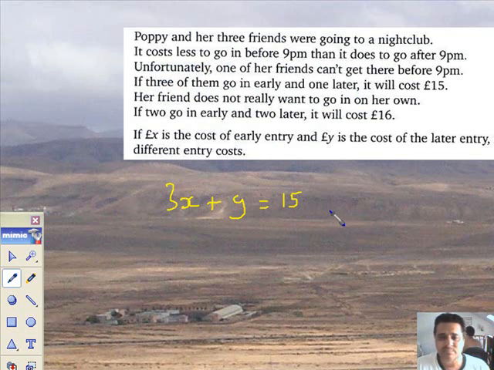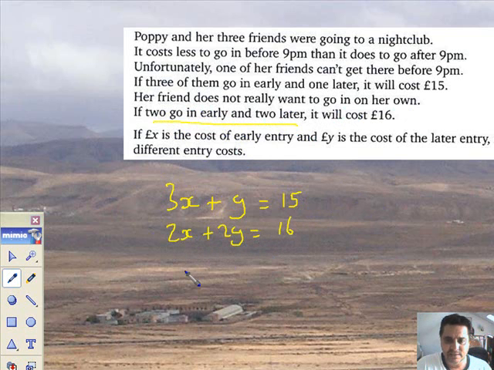Next one, her friend doesn't want to go in by herself because she's late. So if 2 go in later with 2 of the other early birds, it will cost 16 quid. Right then, so I've got 2 earlies and 2 lates, comes to £16. Wonderful little equations, are they not? So I've got to find the cost of X and Y.